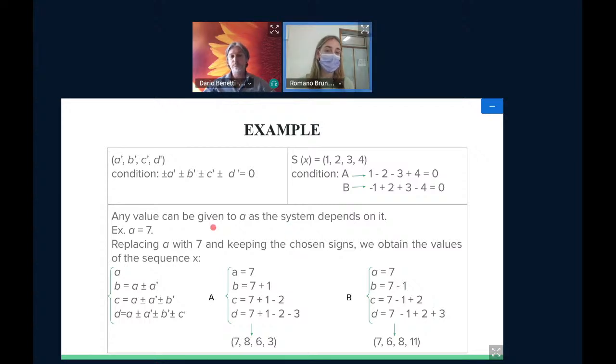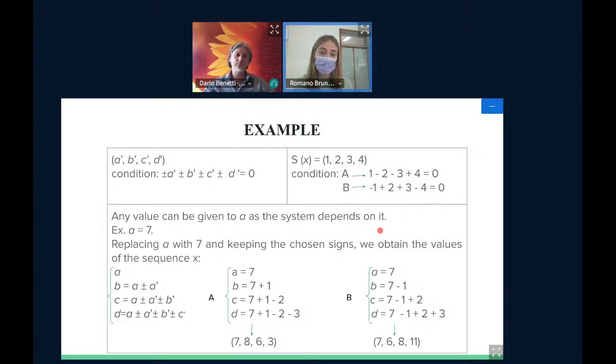To better understand, we made an example. If we take the sequence A', B', C', D' equal to 1, 2, 3, and 4, the two possible solutions of the condition are 1 minus 2 minus 3 plus 4 equal to 0, and minus 1 plus 2 plus 3 minus 4 equal to 0.